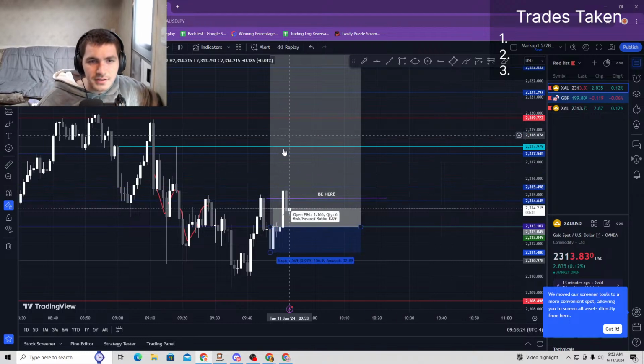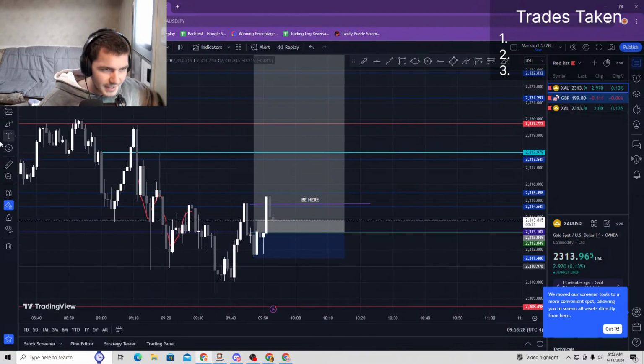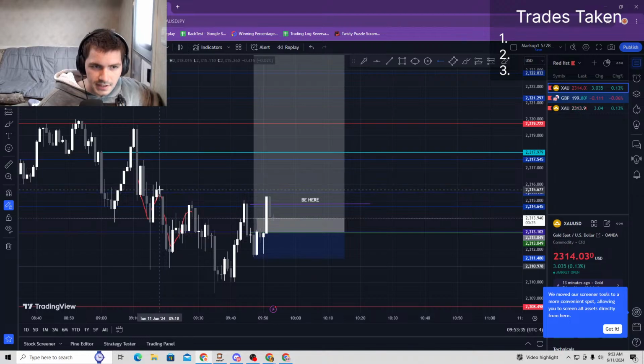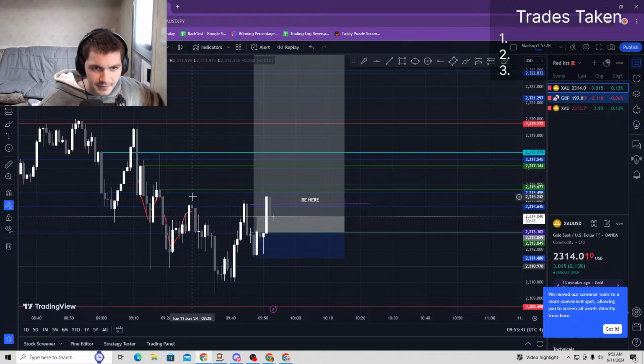I know no one likes when it does obviously get drawdown, but this isn't ideal, this spot. We preferably would have liked it to have shown signs of rejecting off this or this one.